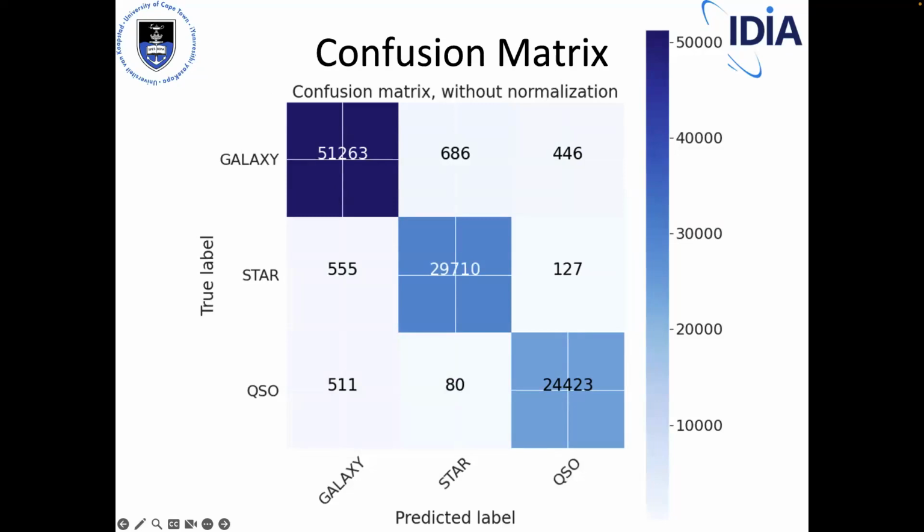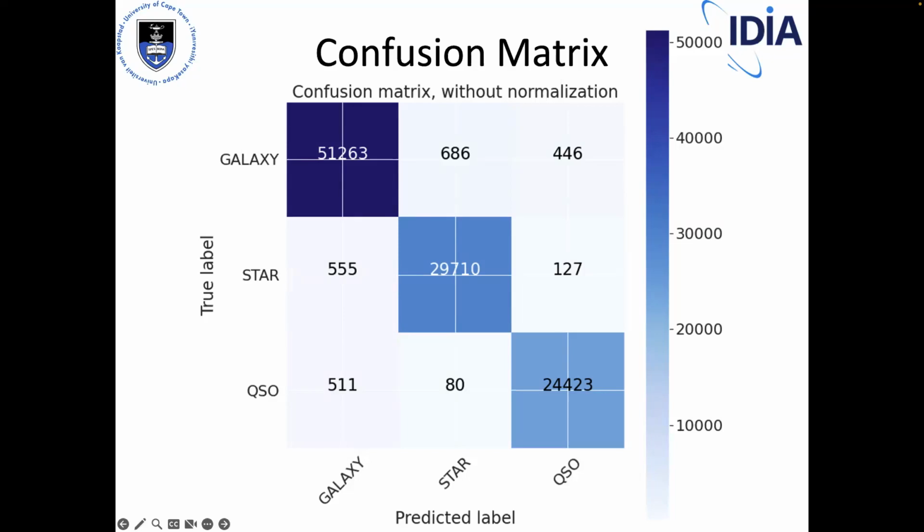For the Sloan sample that I showed you ahead, which you can generate with a simple query on SkyServer, this is what the confusion matrix looks like. Again, predicted label and true label. So these are true galaxies. Out of the 50,000 true galaxies, most are classified correctly, 700 are classified wrongly as stars, and 400 are classified as QSOs.